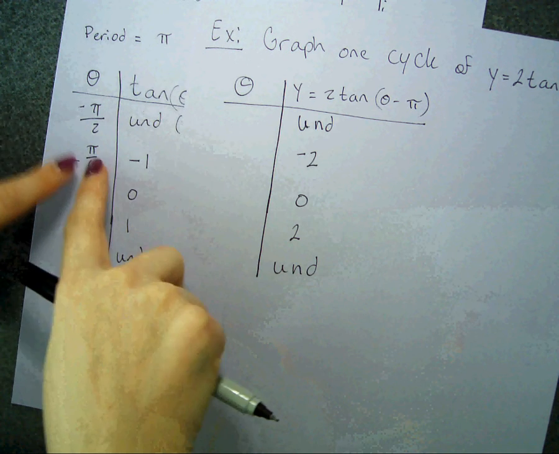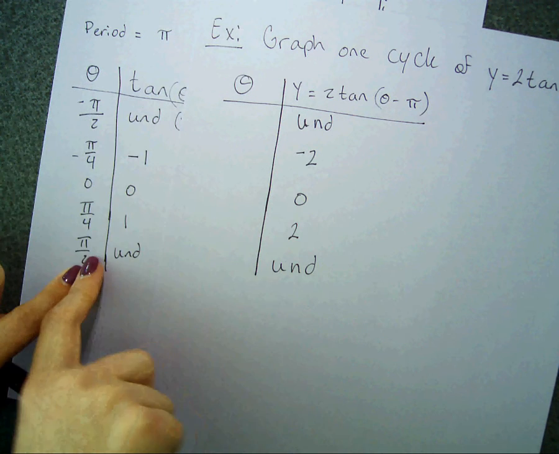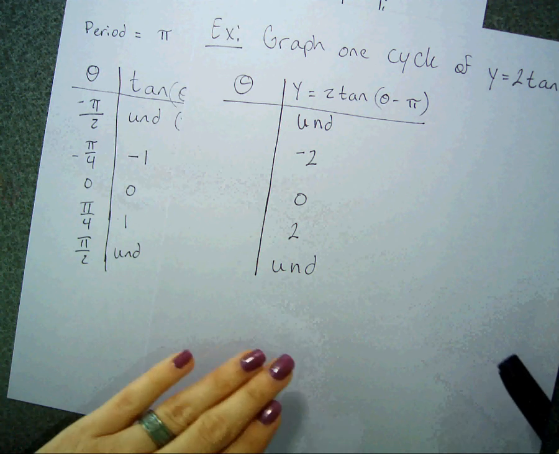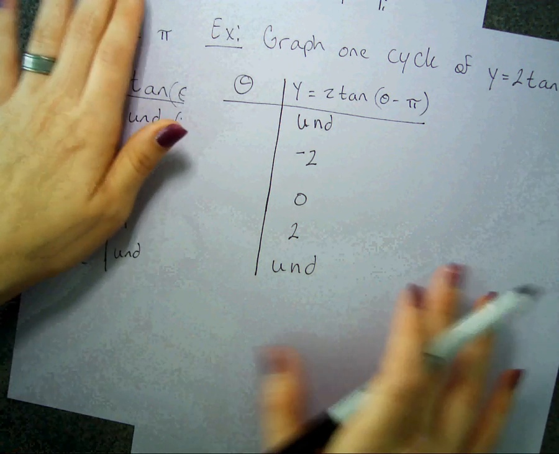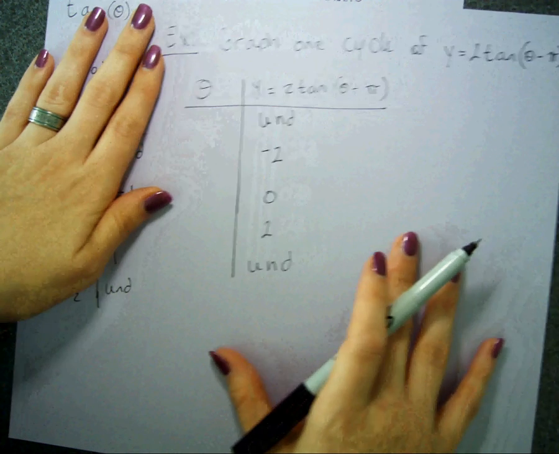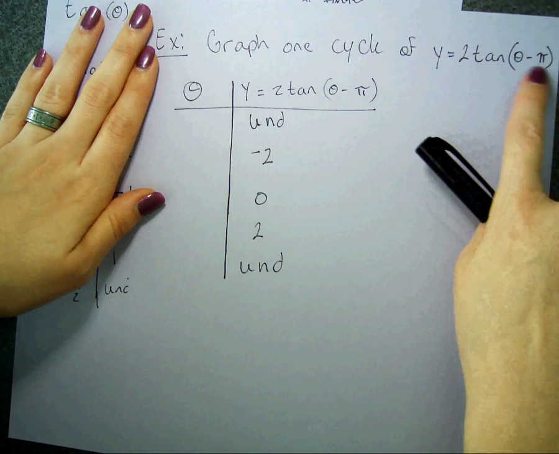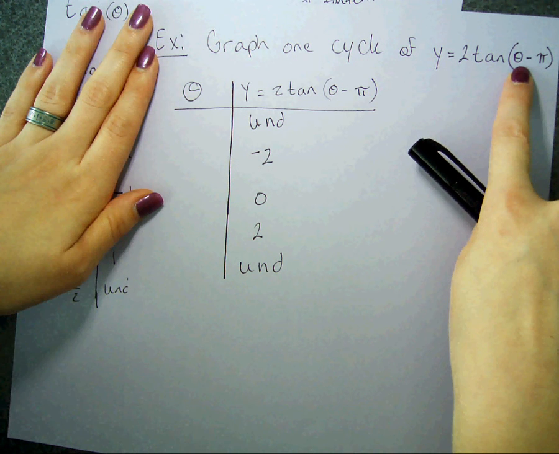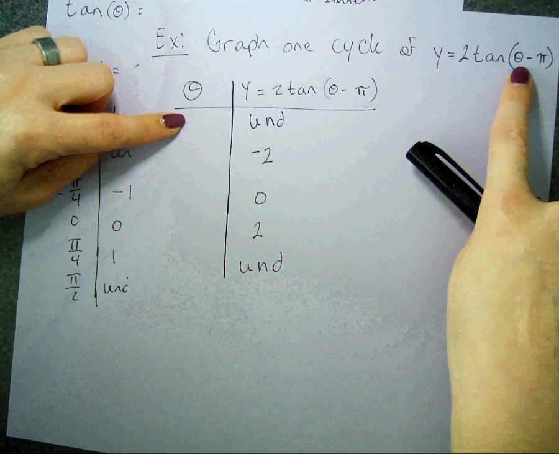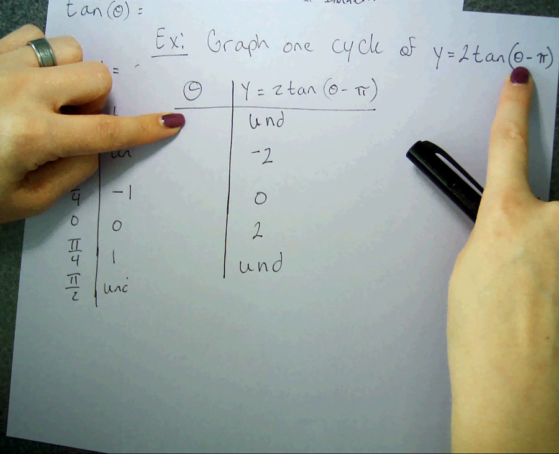When we were graphing sine, cosine, tangent, and cotangent, we said this was my starting point, right? I would be starting at pi. But that was because for those trig functions, my first theta value was 0, right? My first theta value for tangent is not 0. It's negative pi over 2.